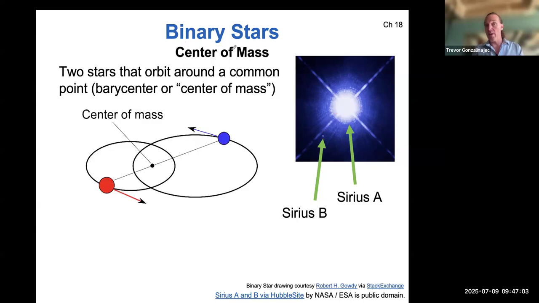Okay, so with this visual binary system, the center of mass is going to be located somewhere directly in our line of sight. So we're looking at the star system from above, is one way to think about it, or at least in a way that the plane of their orbits, and this is the same as we talked about the plane of the solar system. Remember, it's planar. The ecliptic plane was the name.